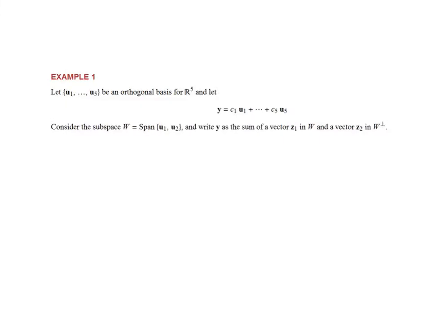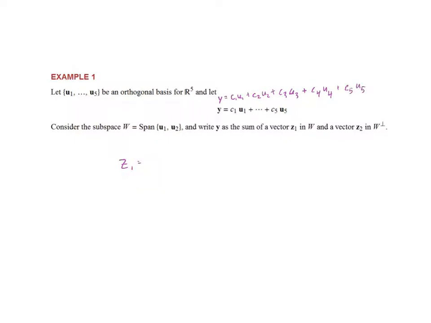And it says consider the subspace W, the span of u1 and u2. Right, y is a sum of a vector z1 in W and a vector z2 in W perp, the orthogonal complement of W. All right, and so the way that we do that is we're going to say that z1 is equal to, actually, before I finish writing that down, let me write out all of y. y equals c1 u1 plus c2 u2 plus c3 u3 plus c4 u4 plus c5 u5, right?